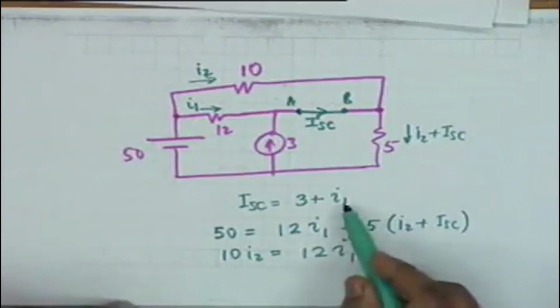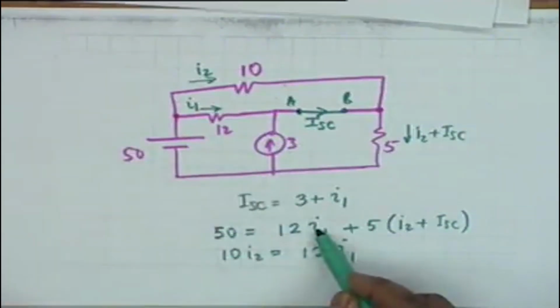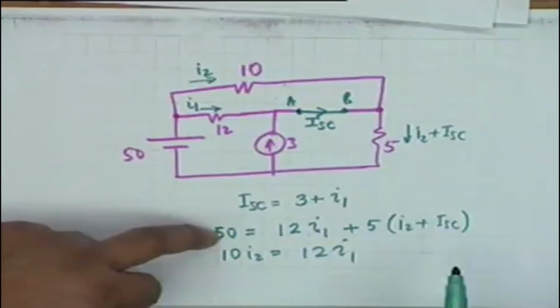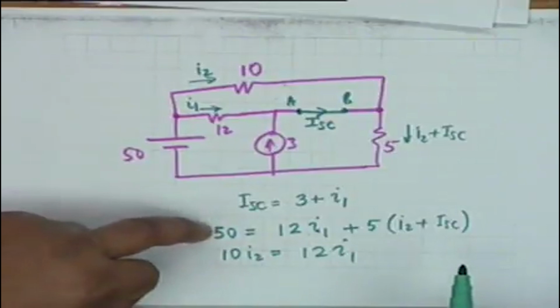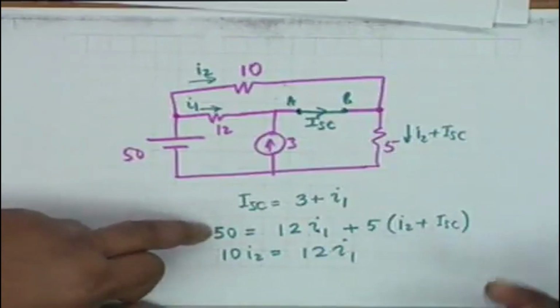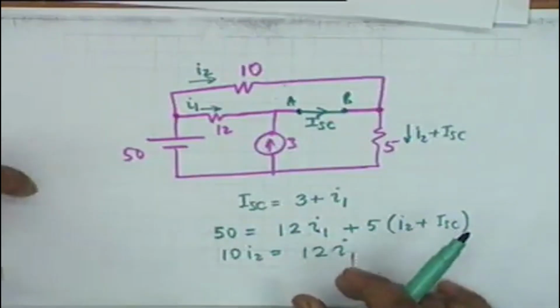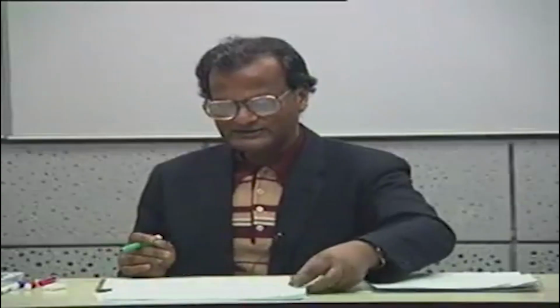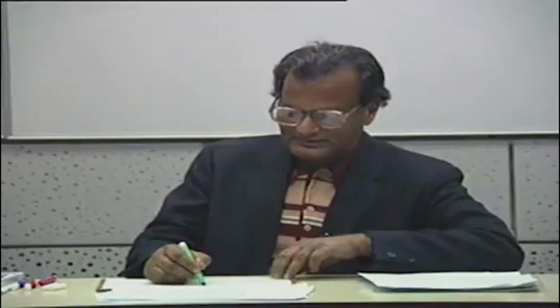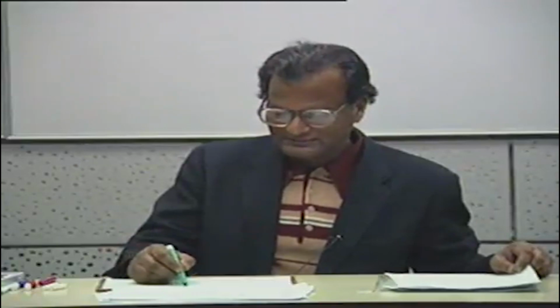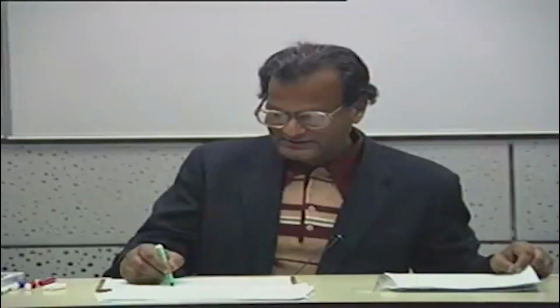What you do is replace I1 by 3 minus ISC and solve for ISC from these two equations, either by substitution or by Cramer's method, I don't care. The final result is that ISC is equal to 208 divided by 46 ampere.